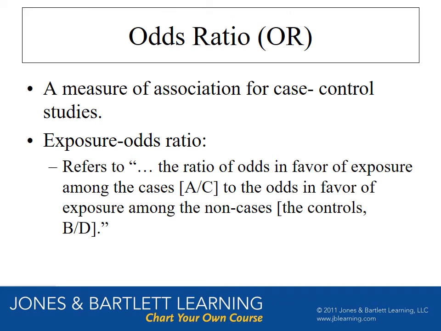So we think about measures of disease occurrence. We can think about measuring existing cases of disease, measuring new cases of disease, and looking at how many of those cases go on to have a severe outcome like death. When we want to understand how those diseases are associated with important environmental exposures, we use measures of association.